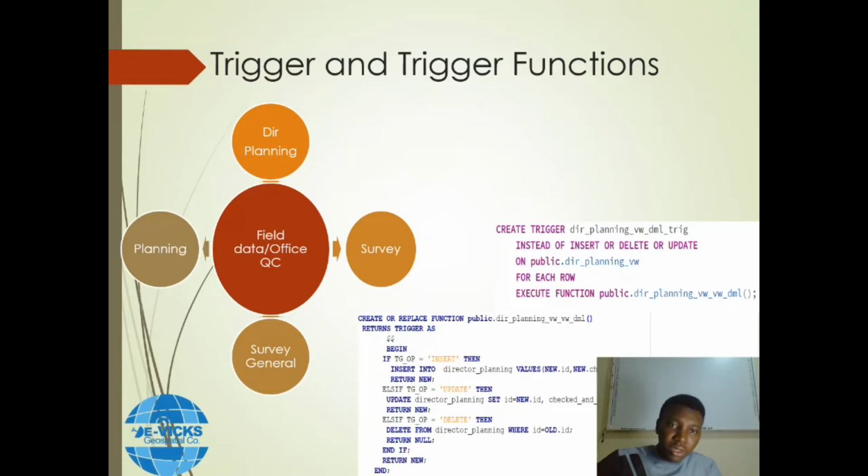And as we can see, we have the field data and the office quality control team, and at some point we have movement, or triggers and trigger functions, operating between the data that is collected from the field to the planning department. Also, we have data collected from the field to the director of planning, and also to the survey department, and back and forth.